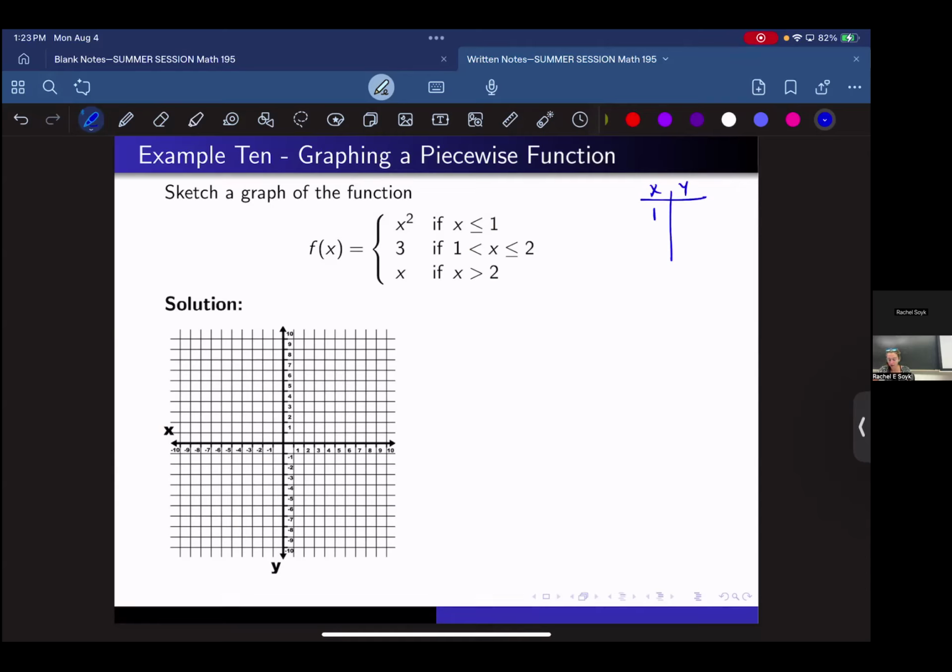And then all values less than 1, so let's do 0, -1, -2. Compute it, you get 1, 0, 1, 4. Plot it. And then sketch it.